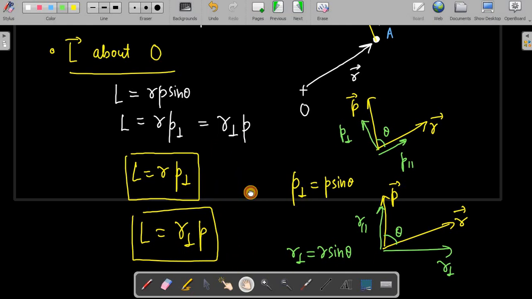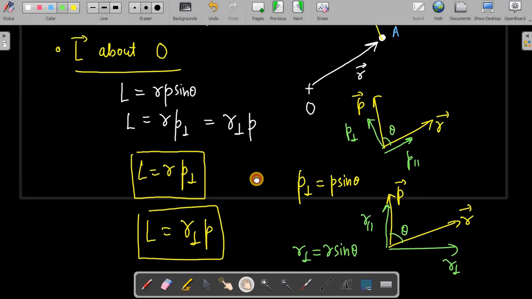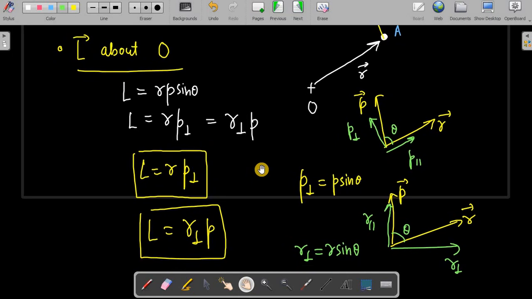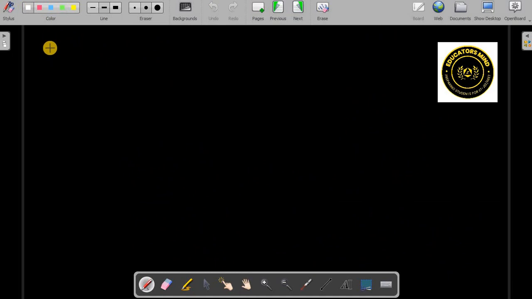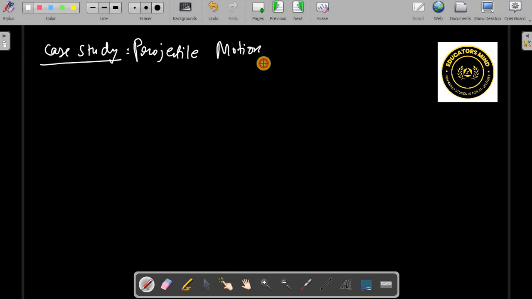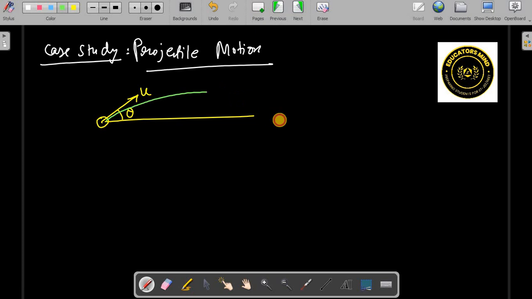Okay. So here also you can see some case studies. I think the same type of case studies that we discussed in torque. First case study, consider the projectile motion. Body is projected with the velocity u, and this is the angle theta, and this will be the projectile motion, right?